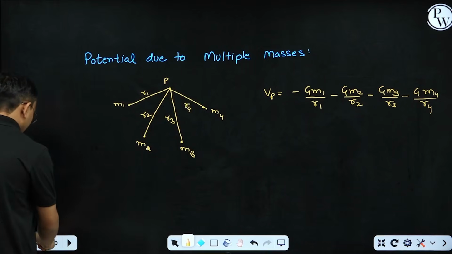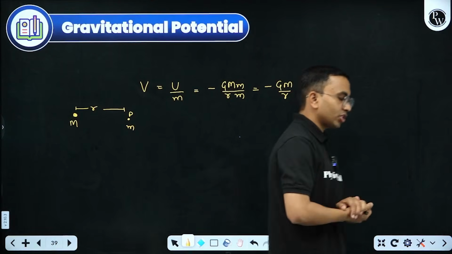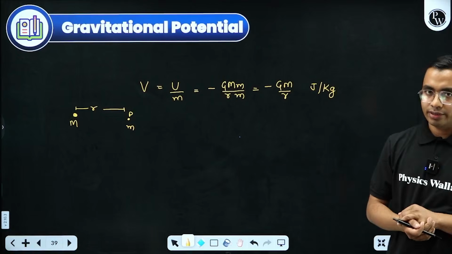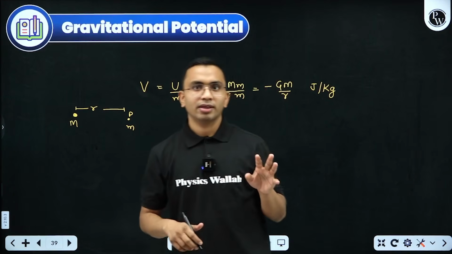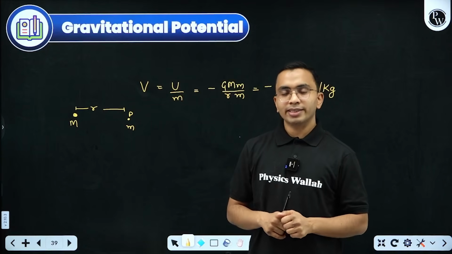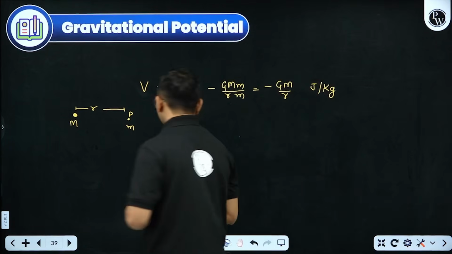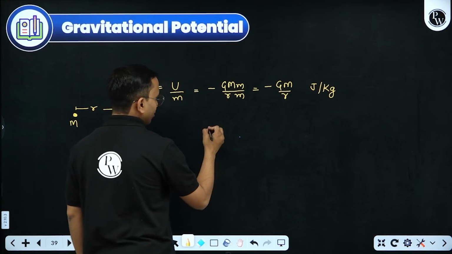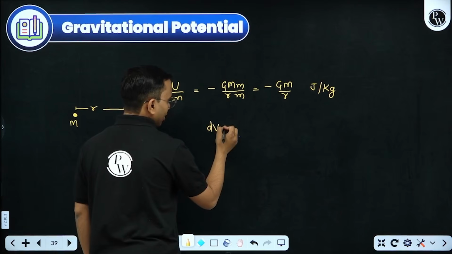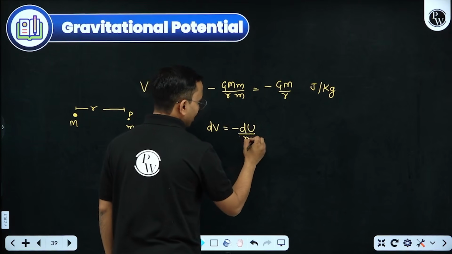Now let us try to derive the relation between the gravitational potential and field. For electrostatics, we know the formula E is equal to minus dV by dr. Let us see, is the formula the same here also? Potential is potential energy per unit mass, so the change in potential is the change in potential energy per unit mass.